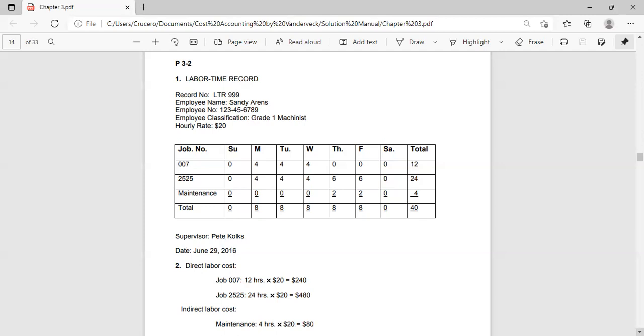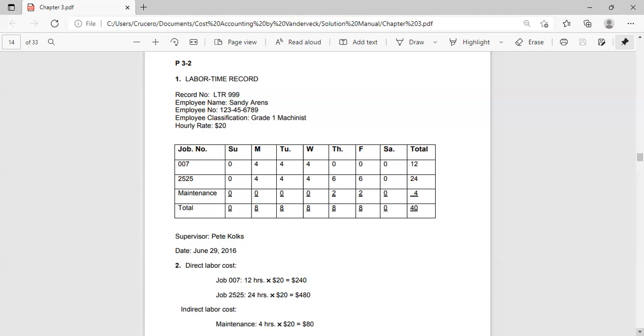So we have now the requirement for number 1, labor time record for the week ended June 29, 2016. Compute the amounts of direct labor costs by job and indirect labor costs created by Aaron's work for the week. So for direct labor cost, we have now the cost assigned to jobs 007, that's 12 hours, and job 2525 for 24 hours, and the hourly rate is 20.